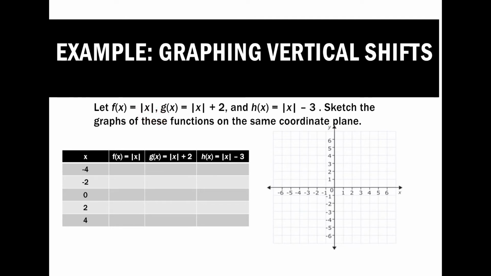So I've got some prepared numbers here, and we're going to look at how these change when I add 2 on the outside of the f of x, and then when I subtract numbers to the outside of the absolute value of x.